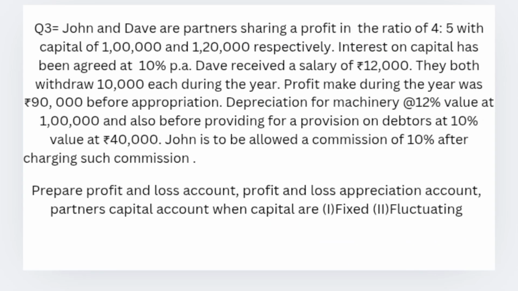The next item is depreciation for machinery, which is 12% for 1 lakh.